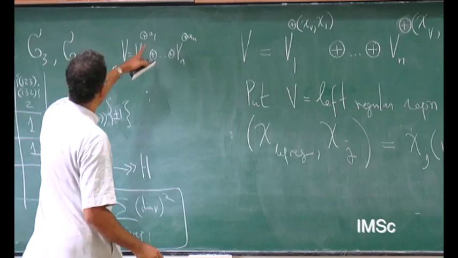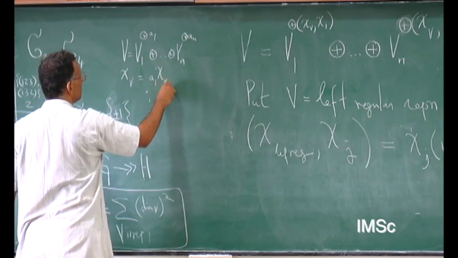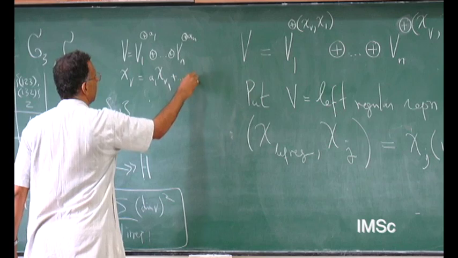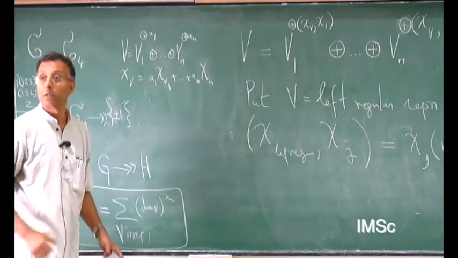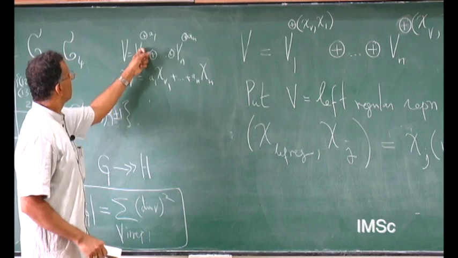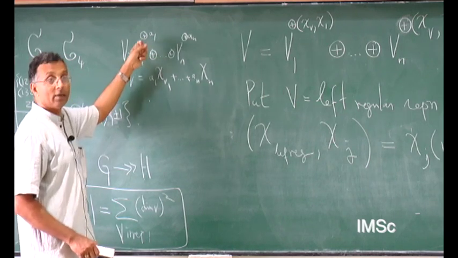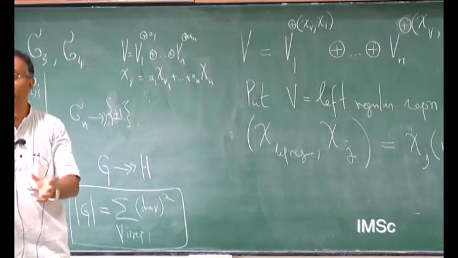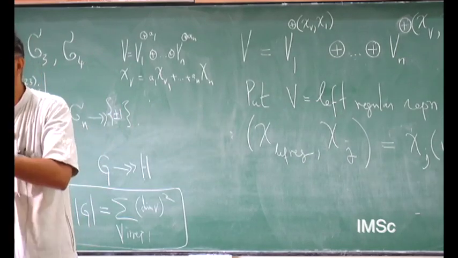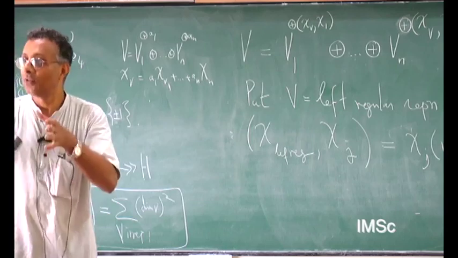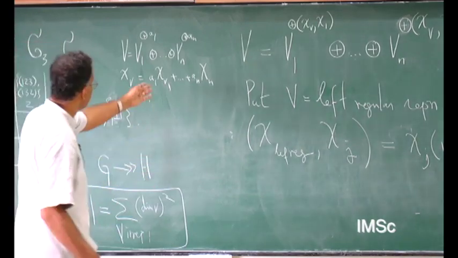And then chi V therefore is A1 chi V1 plus An chi Vn, because chi of V direct sum W is chi V plus chi W. That gives you this.